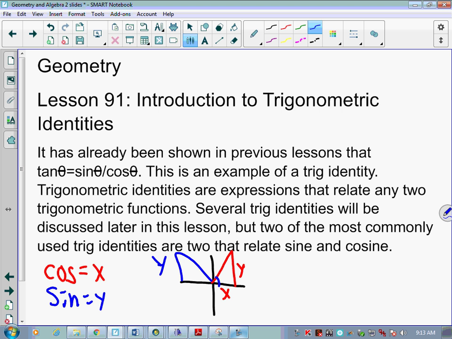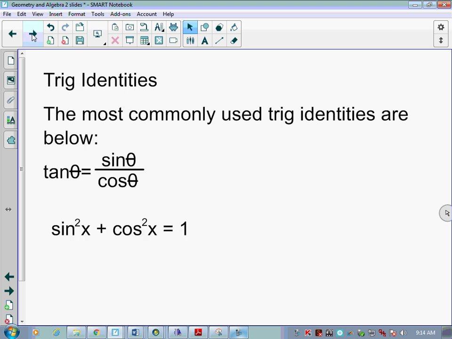Trigonometric identities are expressions that relate any two trigonometric functions. Several trig identities will be discussed later in this lesson, but two of the most commonly used trigonometric identities are two that relate sine and cosine to each other. For instance, these are probably the two most commonly used.